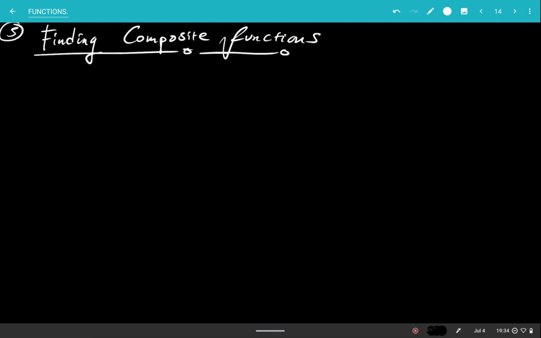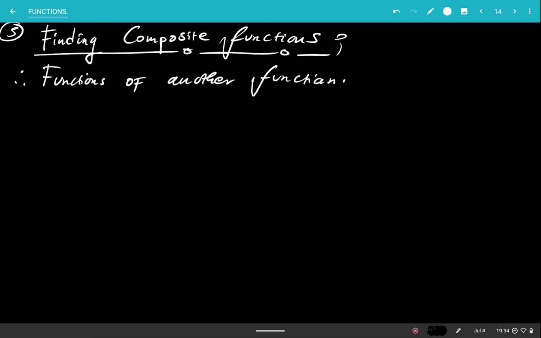Basically, when it comes to finding composite functions, it's more of applying the same knowledge that we've acquired from these other objectives and seeing how best we can manipulate in such conditions that we have and the composites. So when we talk about composite functions, we're talking about functions of another function.